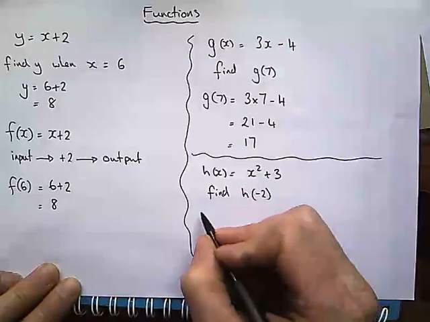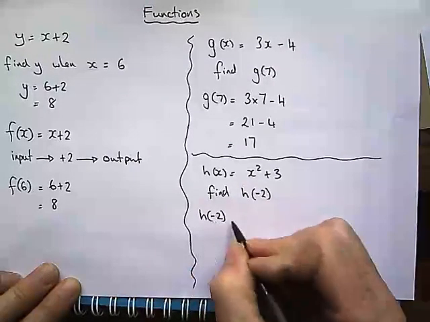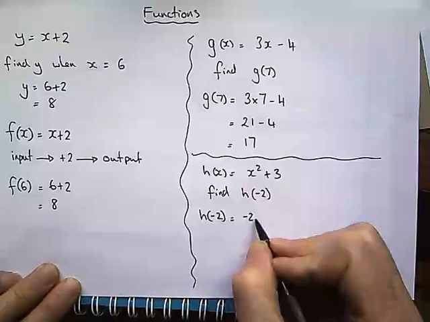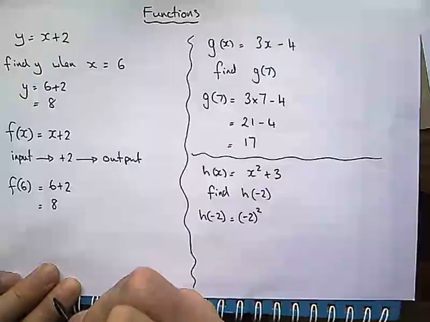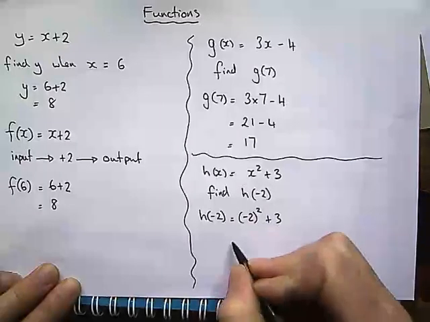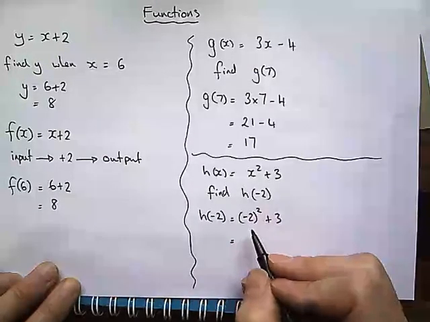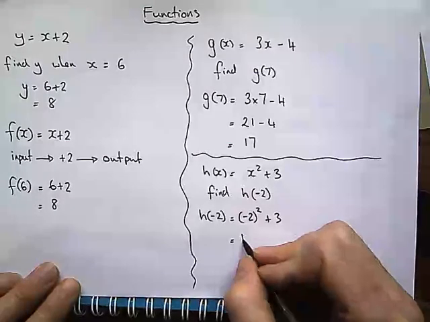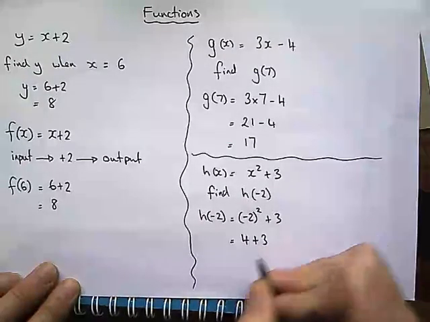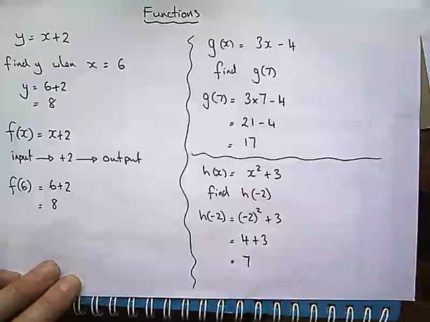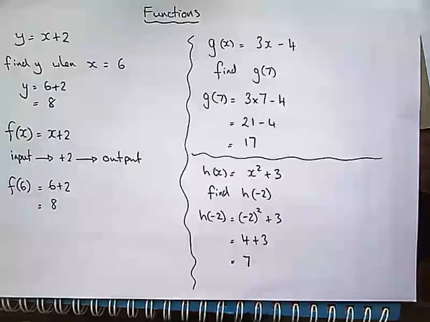So h of minus 2 equals minus 2, all squared, plus 3. A minus 2 times a minus 2, minus times a minus makes a plus, so that is 4 plus 3, which equals 7. And that, everybody, is how we use functions with a different notation.